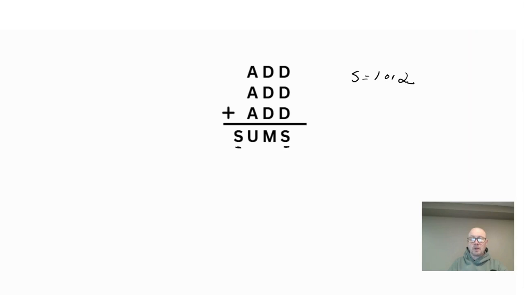All right, let's try 1. What would happen if S equals 1? That means the ones place would be 1. So I would need 3 values for D that are the same, that when I add them up, I get a 1 in the ones column. Well, if we use 7, 7 times 3 equals 21.